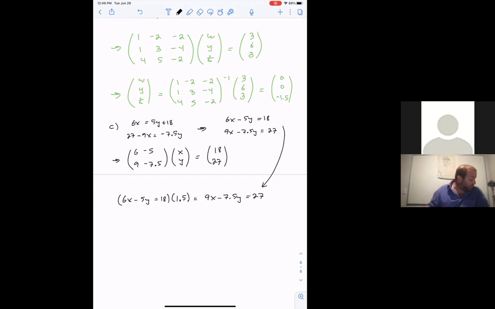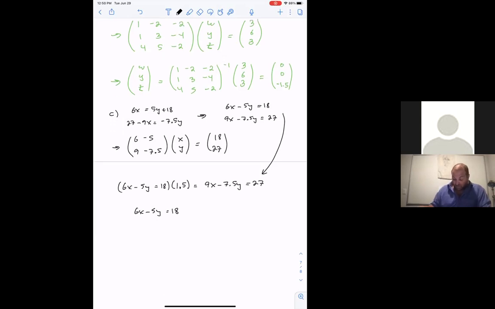Now, in the past, the book has been, oh, that's a typo, let's fix it and change it. But it's not a bad idea to know how to fix it. I mean, you can't fix it. I mean, it is what it is. But the answer is that there's infinitely many solutions, because 6x minus 5y equals 18 is really the only equation we have here. And therefore, the answer is anything that satisfies 6x minus 5y equals 18.